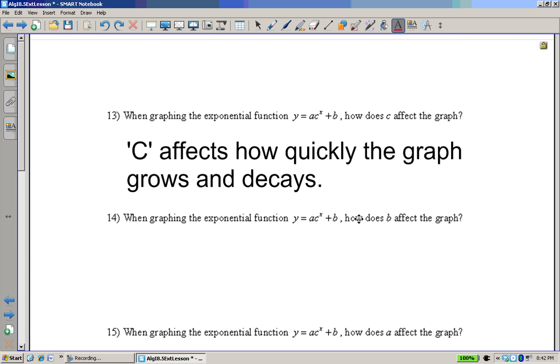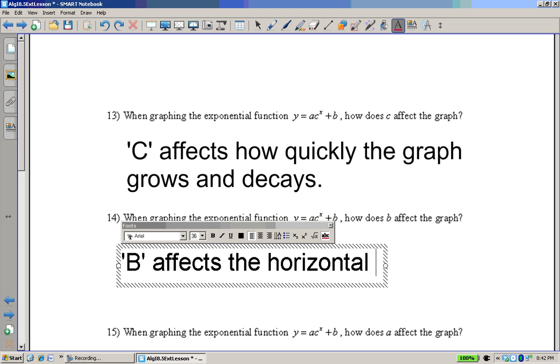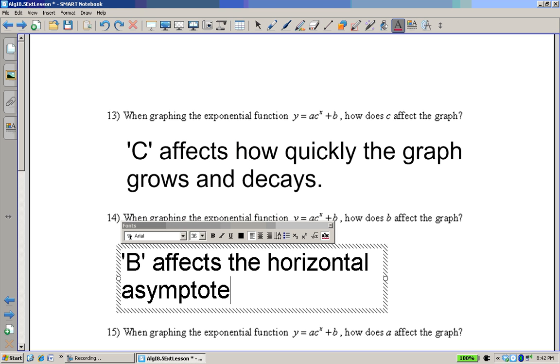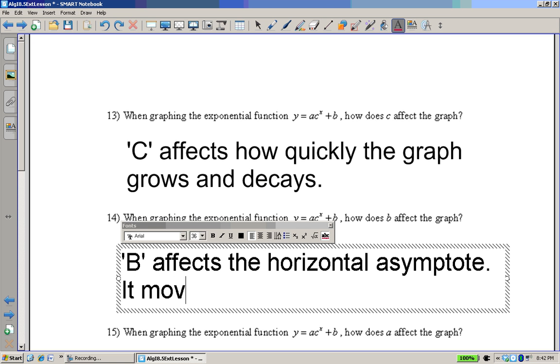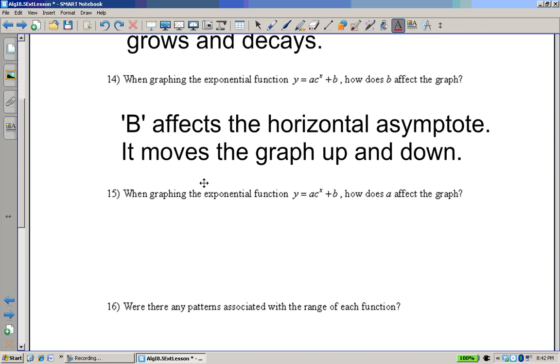When graphing the exponential function, how does b affect the graph? Well, b affects the horizontal asymptote. You could also say it moves the graph up and down. How does A affect the graph? Well, if A is positive, then the graph will open up.